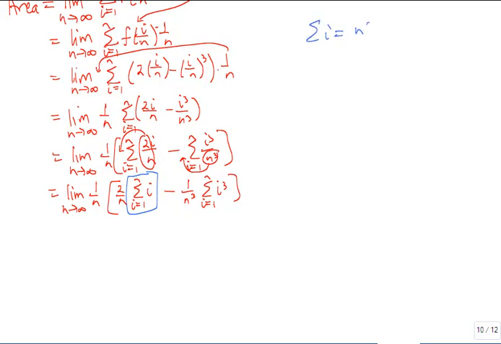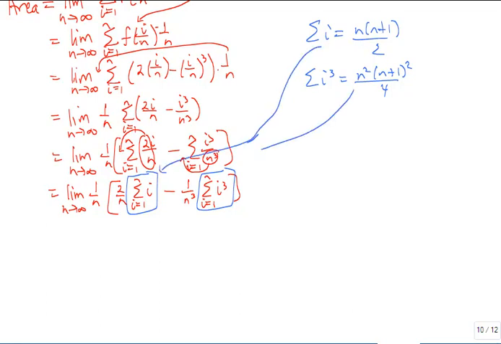The sum of i is just n times n plus 1 over 2. And the sum of i cubed is just n squared times n plus 1 squared over 4. That was one of those that we talked about at the very beginning of this lecture. So let's substitute in this formula right here and this formula right here.